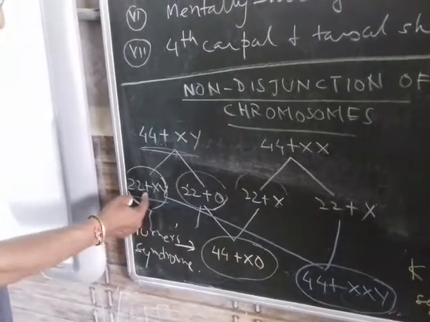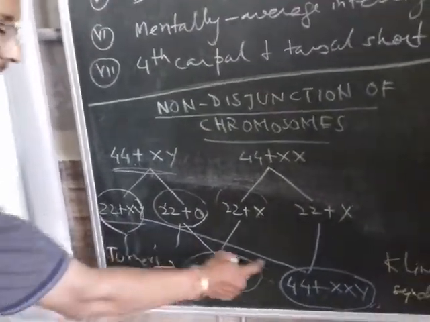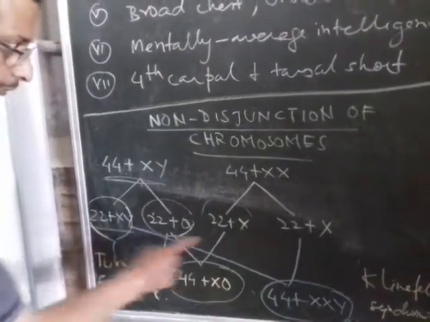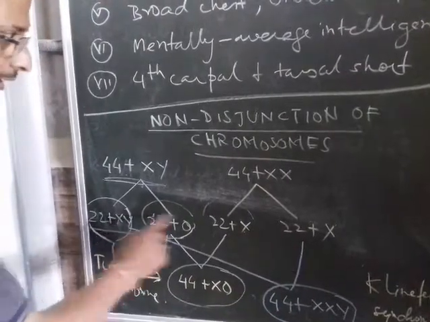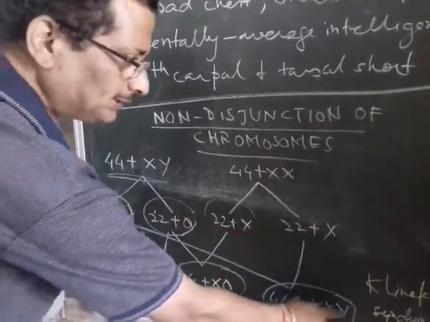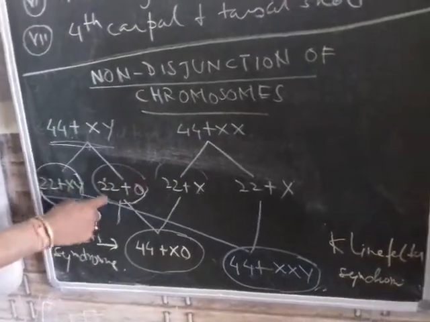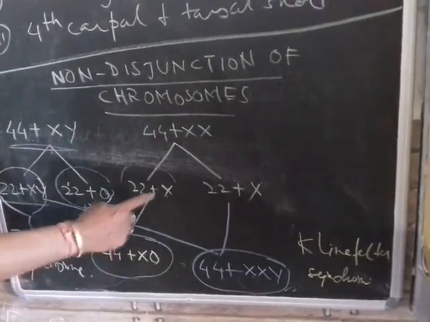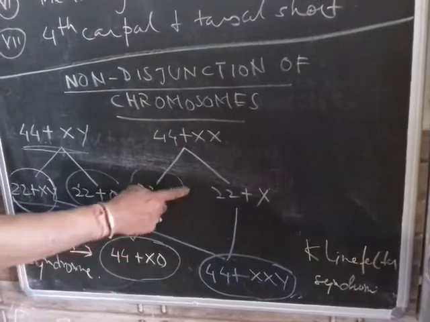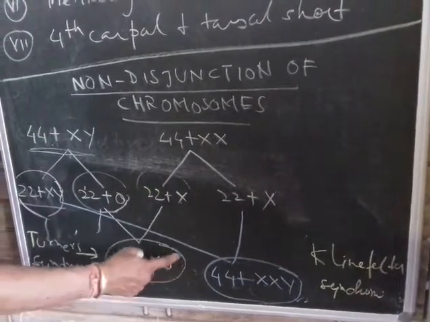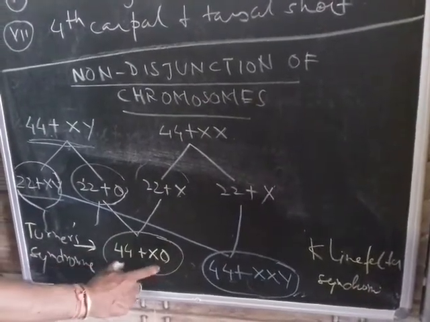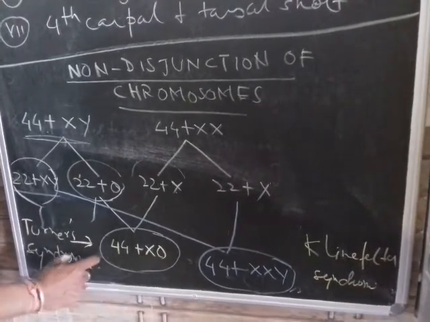So if these two fertilize, 22 plus 22 is 44, XY plus X is XXY. This leads to Klinefelter syndrome. Whereas if this 22 plus 0 fertilizes with 22 plus X, a normal ovum, it is 44 plus X0. This leads to Turner syndrome.